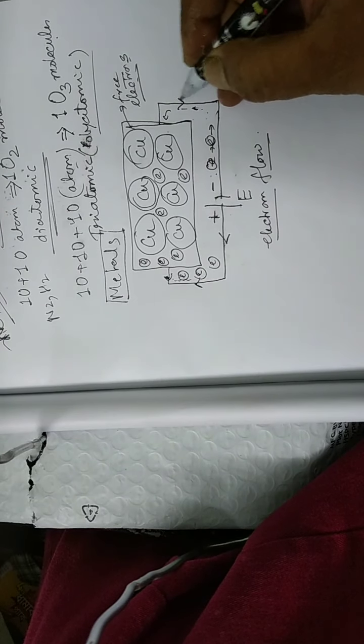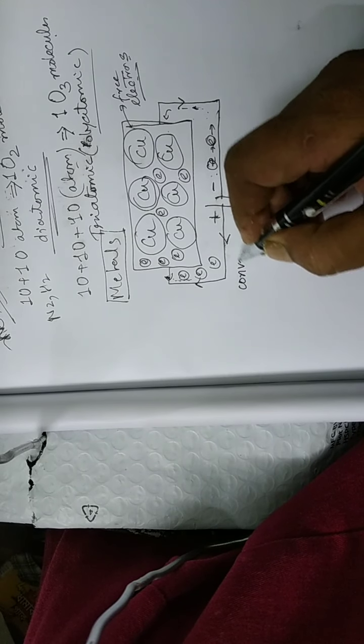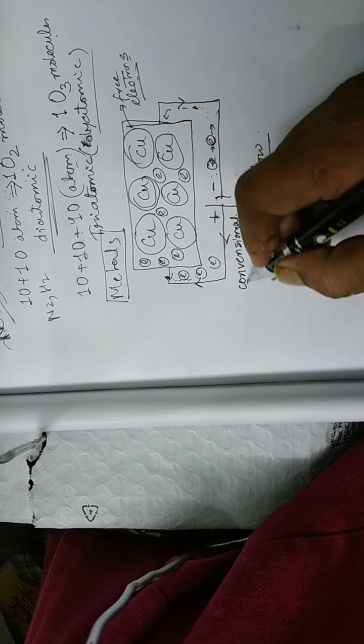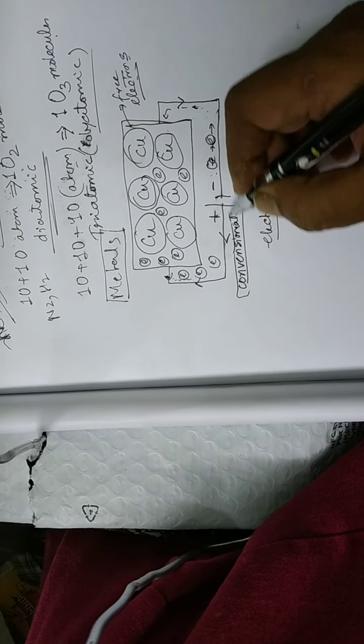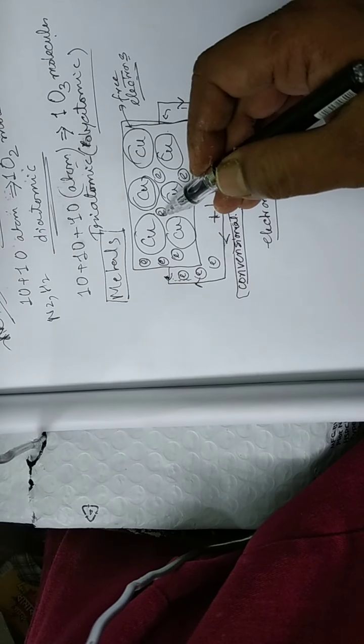So this type of current is known as conventional current. Everybody knows that current flows from positive to negative, but actually electrons flow through the metal.